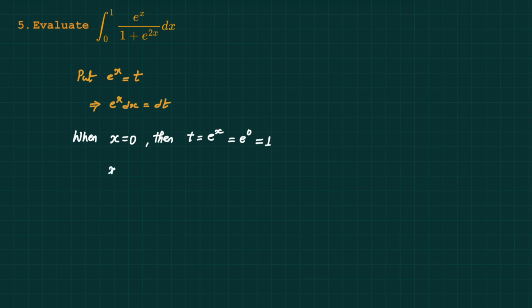And when x equals 1, that is the upper limit, then t equals e to the power x, that is e to the power 1, which is equal to e. So when the lower limit was 0, then t equals 1, and when the upper limit is 1, that is when x equals 1, then t is equal to e.